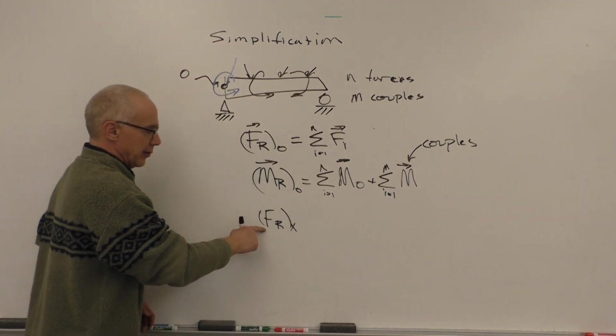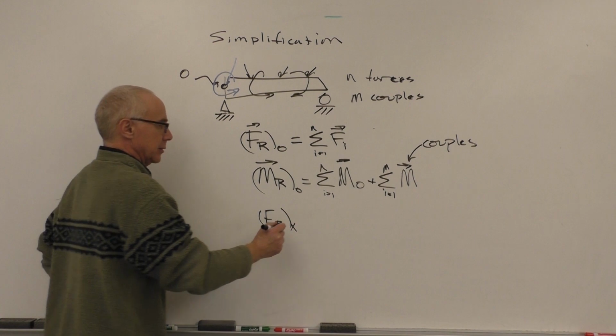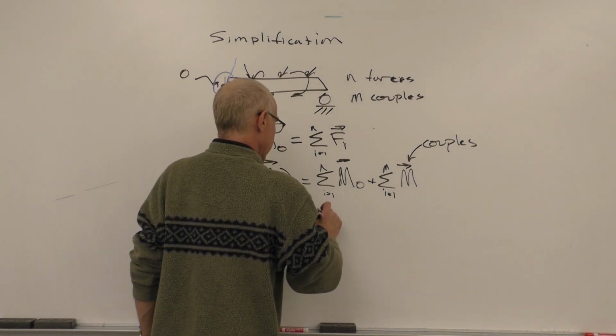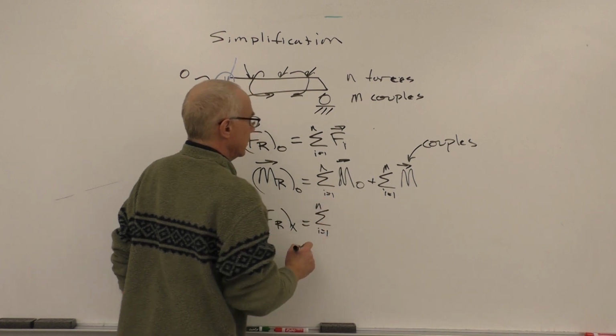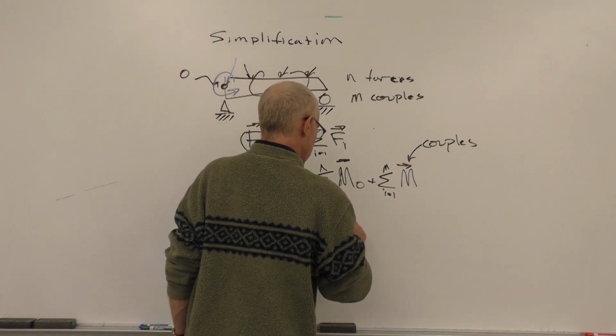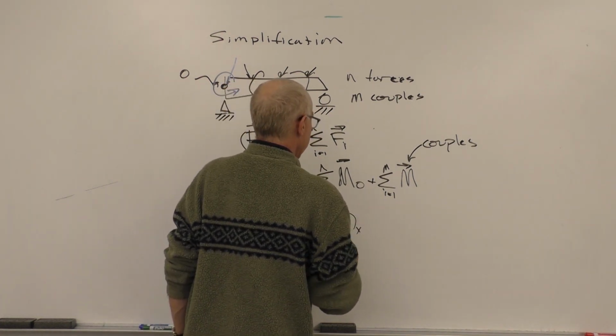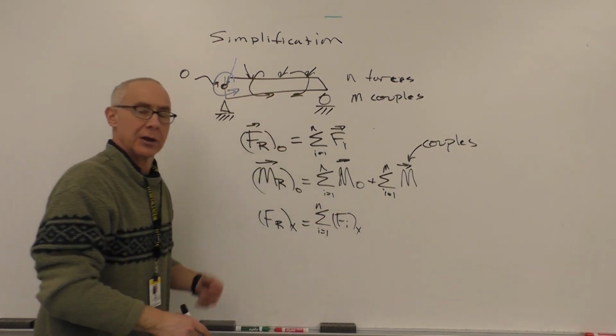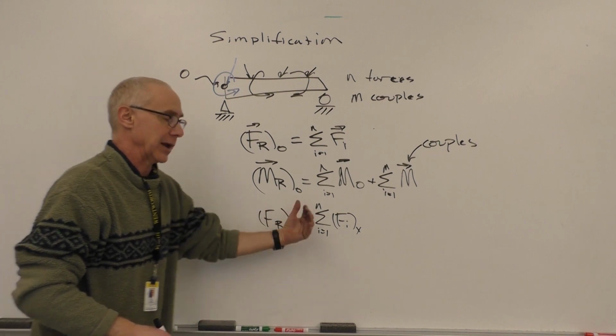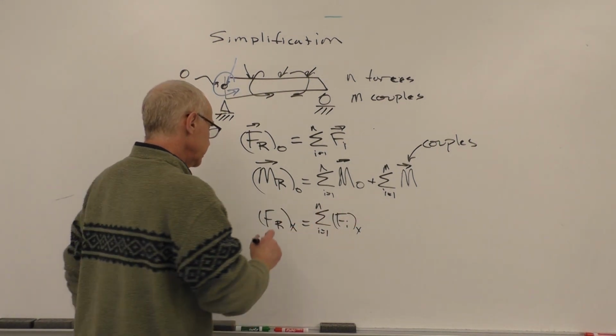So we can write over here, FRx, the resultant vector's x component, equals the sum, still i equals 1 to N, of F_ix. You notice I don't have a vector, it's just the magnitude of the x component.